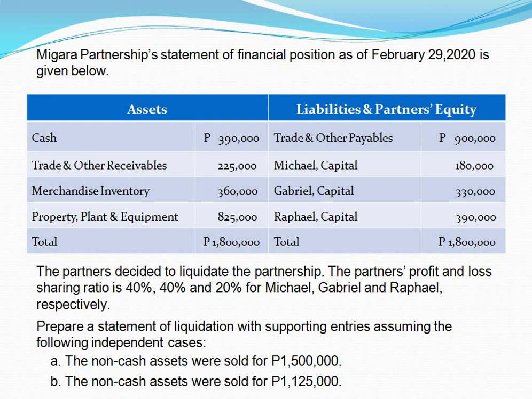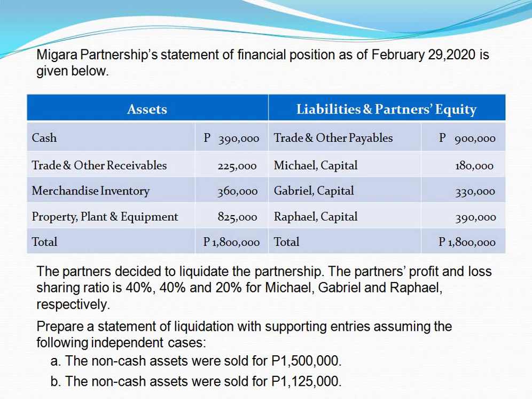And so, that means these accounts in the statement of financial position of Megara Partnership have already been adjusted or updated. That's the reason why the first requirement of the problem is not to make adjustments or to revise the partner's equity, but to prepare a statement of liquidation.